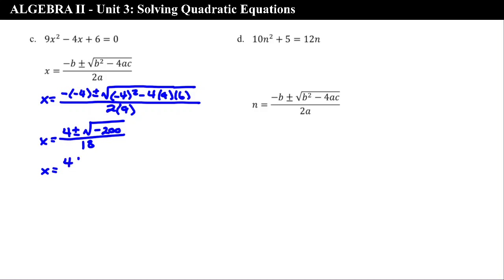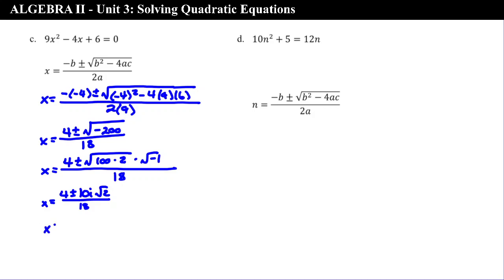So we've got 4 plus or minus, and we know that we can simplify 200 into 10 squared times 2, so 100 times 2, and then we've got our negative 1 out there, square root of negative 1, and then we have 18. This gets us to 4 plus or minus 10i square root of 2 over 18.